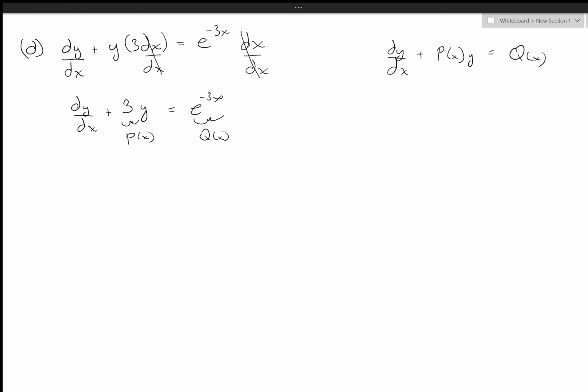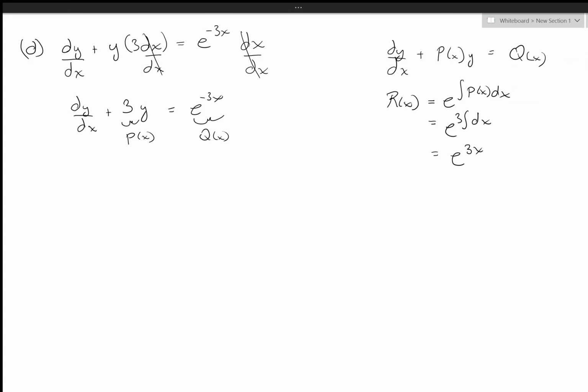So here, our first step is to find the integrating factor r of x. And that is e to the integral of p of x dx. Okay, which in this case is e to the integral of 3 dx, which is just e to the 3x.